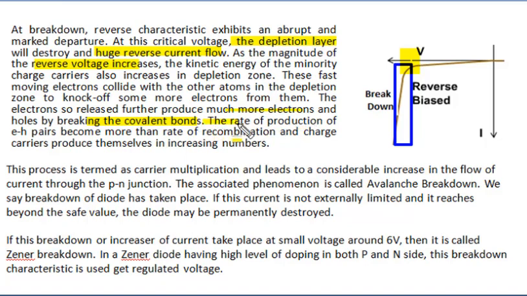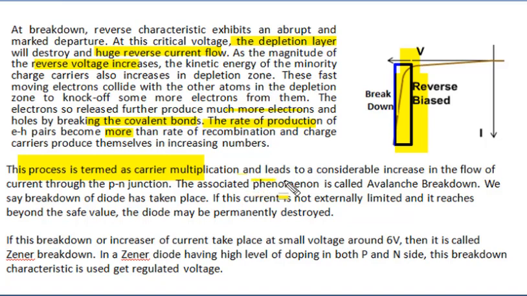The rate of production of electron-hole pairs becomes more than the rate of recombination, and these charge carriers produce themselves in increasing numbers. This process is known as carrier multiplication, which will lead to a considerable increase in the flow of current through the p-n junction.